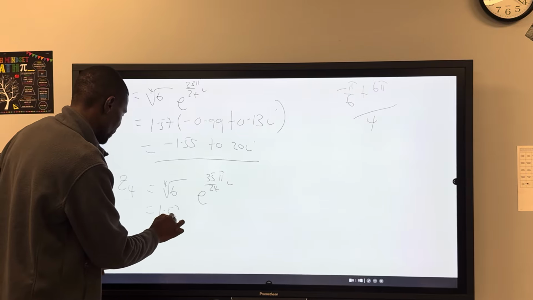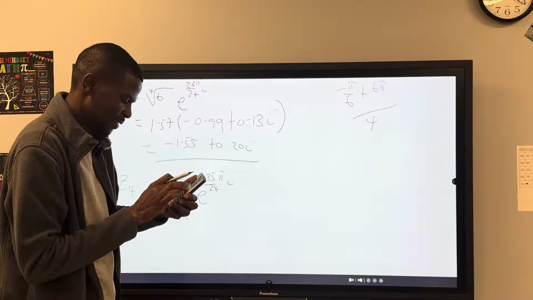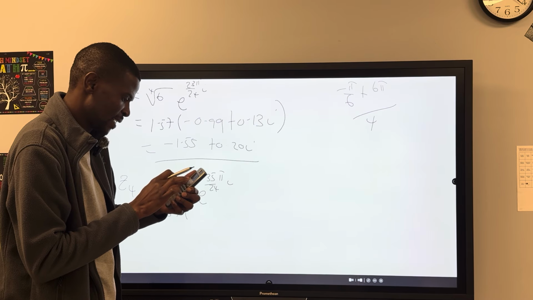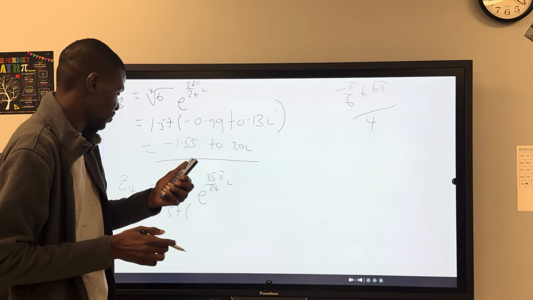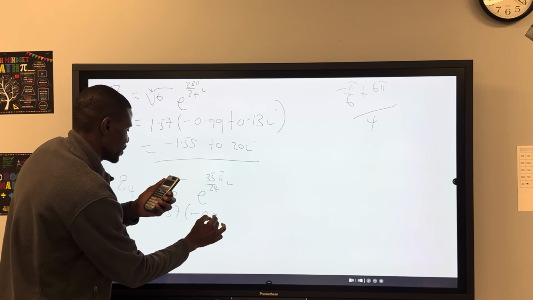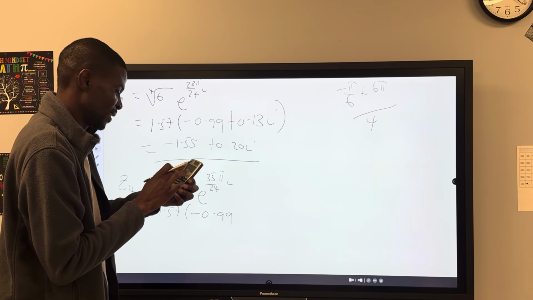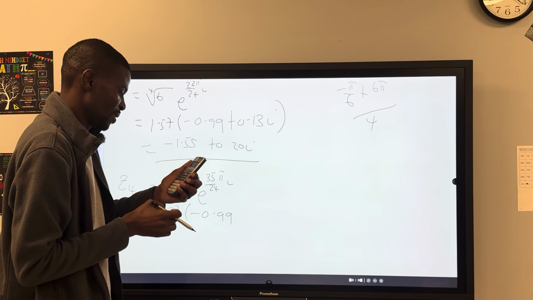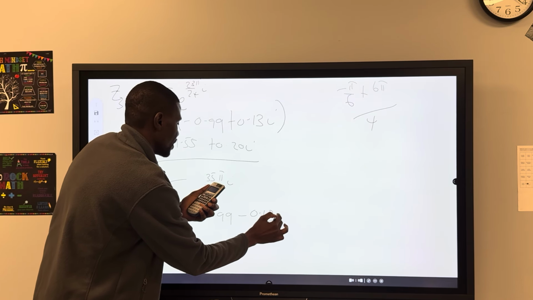The 1.57 is not going to change. What is going to change here is the 35. When it's cos, it's going to be negative 0.99. When it's sine, negative 0.13i.